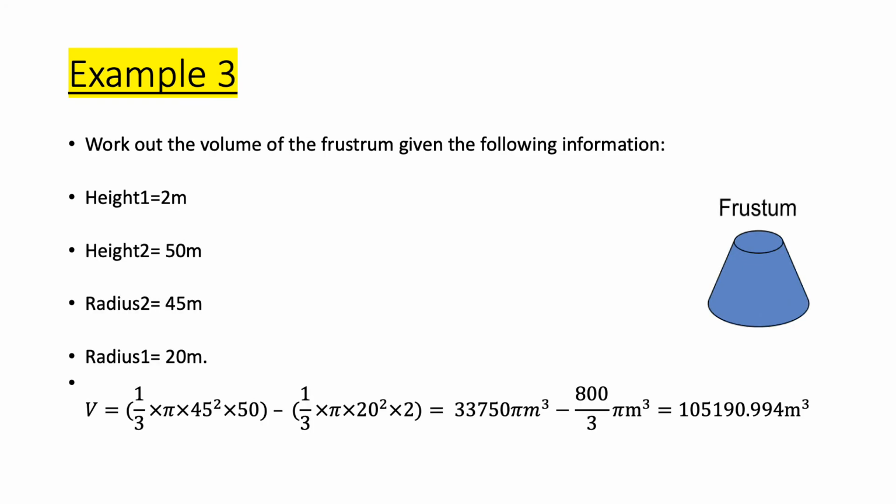Example 3. Work out the volume of the frustum given the following information. Height 1 is 2, height 2 is 50, radius 2 is 45 and radius 1 is 20. Again, I'll put it in a different order.